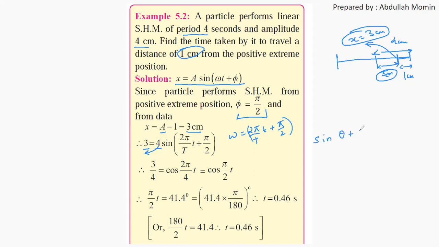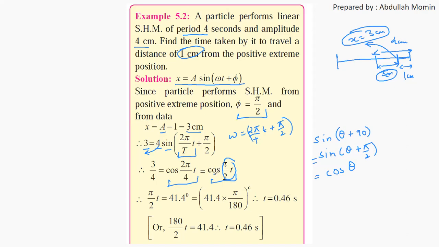Sine theta plus 90, that is sine theta plus pi by 2, is equal to cos theta. Putting 2 pi by T and solving, we get cos theta equal to 3 by 4.